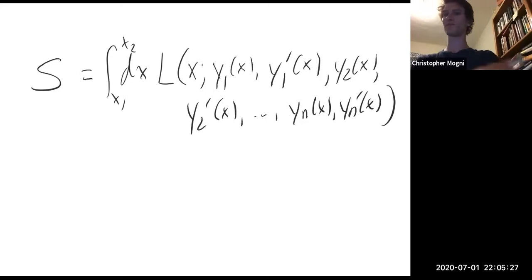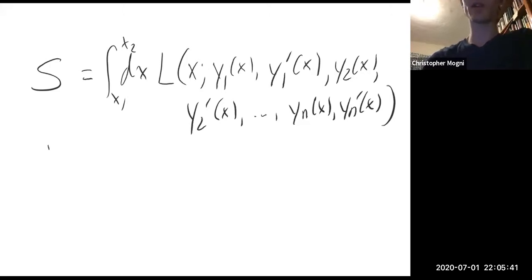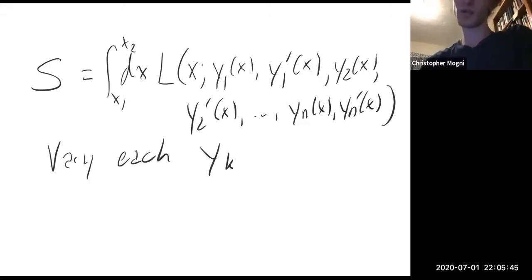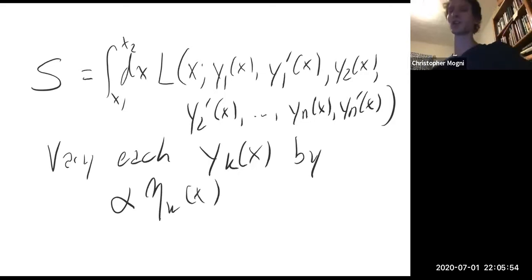That's going to control how much the functions are actually varied. So we're going to vary each yk by alpha, which is common to all of them, times eta k of x, which is a function that is specific to the variation we're doing of the kth y.